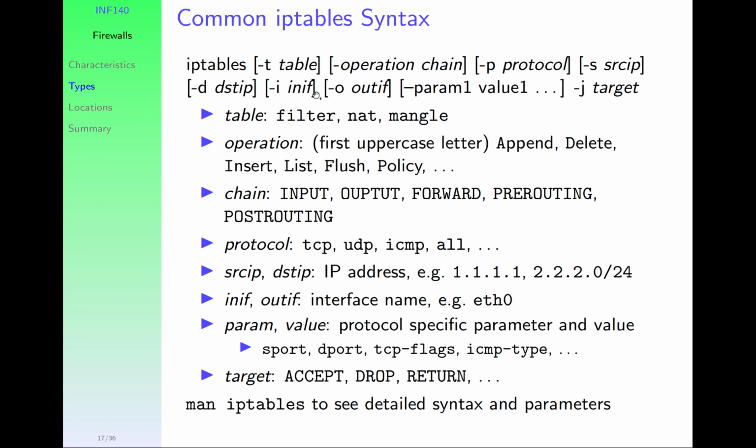And sometimes you may also want to provide some extra information: -i is the incoming interface, -o is the outgoing interface, and then it has parameters. And the last one, this -j target. That target is for whether it is used to drop the packet or it's an accepted packet.